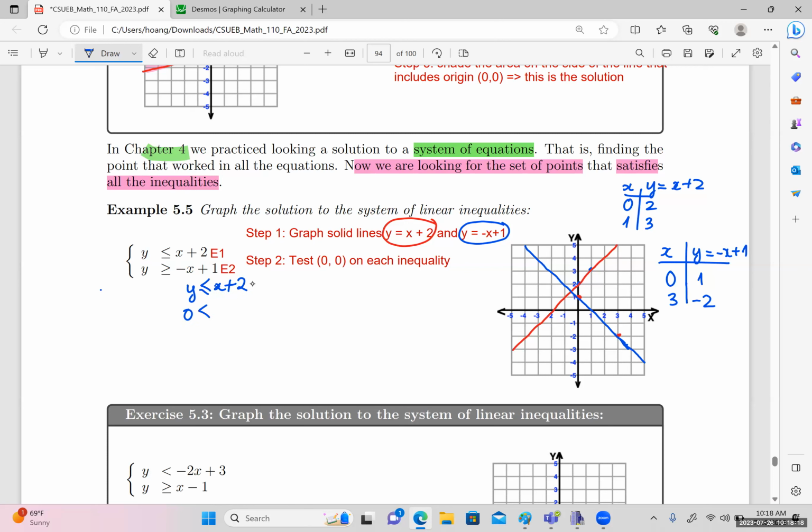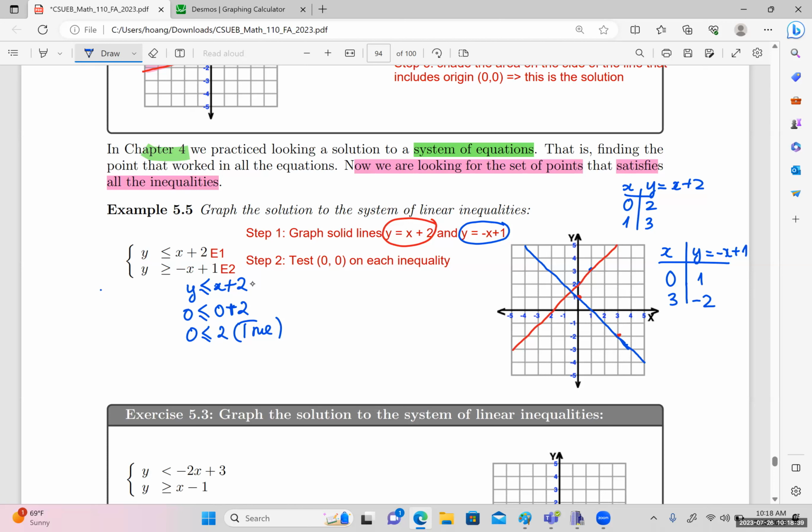So 0 less than or equal to 0 plus 2. 0 less than or equal to 2. This is true.